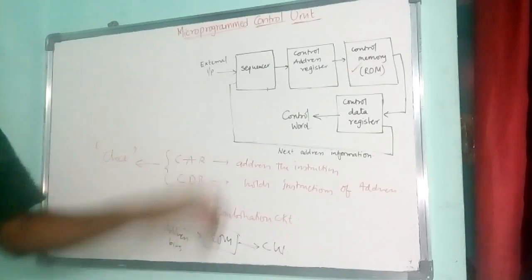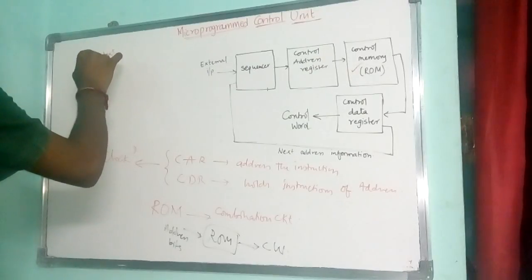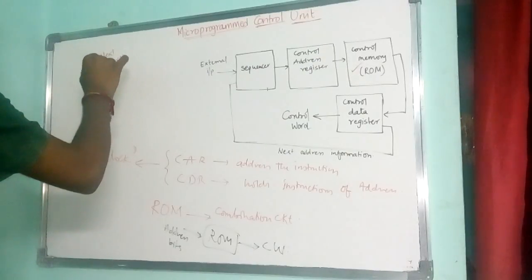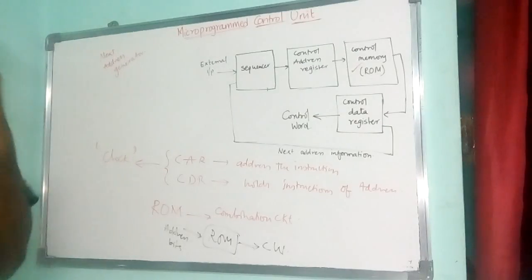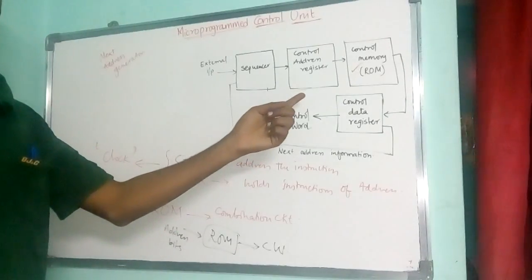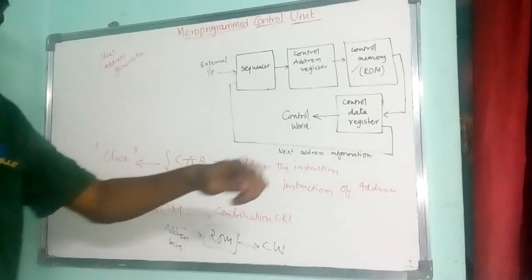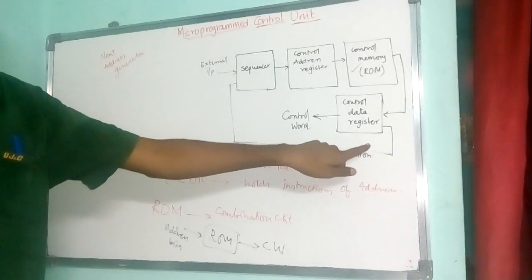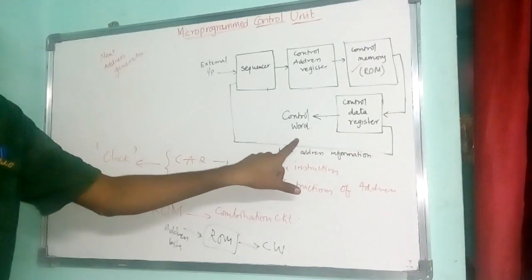And the sequencer is called the next address generator. That means once I get an address and it goes to the control memory, after it is in the data register, and after completion of the execution of the data register's instruction, it produces a control word.